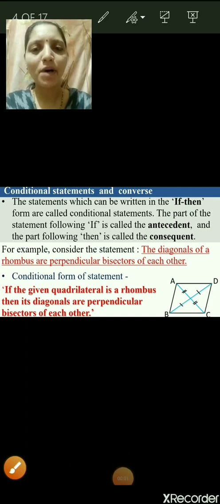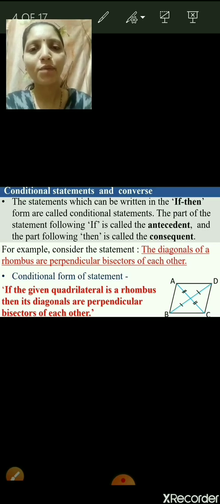Now the next part we are going to learn is conditional statements and converse. This part is a little bit theory, but don't be afraid. It's very simple. Just understand it and try to remember a few things. First, what is a conditional statement? If your statement is written in the if-then form, that statement is called a conditional statement.